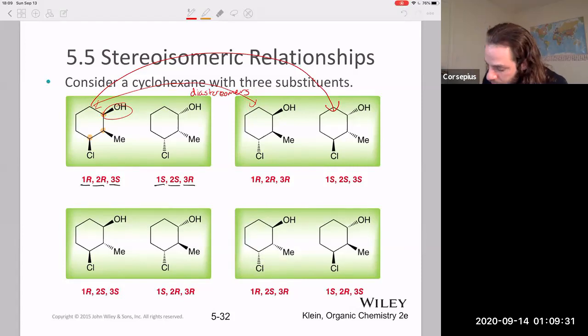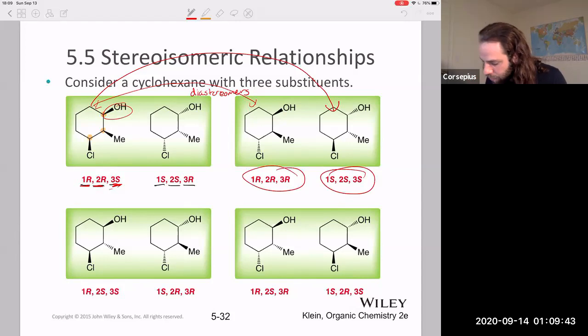If you look here, paying attention specifically to the RS designation, you'll see that we've covered all the different possible groups. We have all R's or all S's, 2 R's, 2 S's, 2 S's, 2 R's, etc. All different possible combinations have been represented. These are my 2 to the 3 different stereoisomers for this particular compound. What we see circled here are all enantiomer pairs. If they are not a pair of enantiomers, then they're diastereomers to one another.